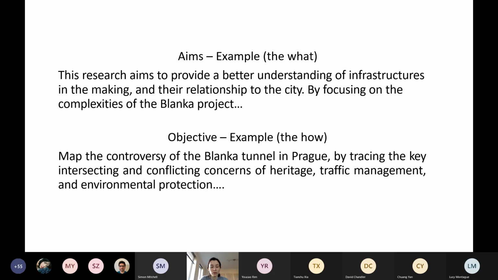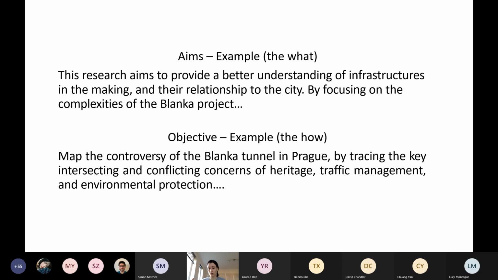So to give you a couple of examples, the aim, the what, is broader and more general. This research aims to provide a better understanding of infrastructures in the making and their relationship to the city by focusing on the complexities of the Blanca project. So you see that it's a general statement.